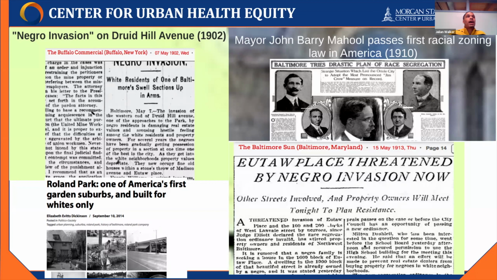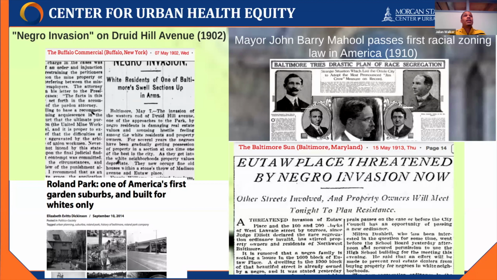So this is really public outrage. This has nothing to do with policy. This is just how the communities of Baltimore City felt while seeing Black people come into their neighborhood. This is real. When I first saw this, I thought maybe someone typed this up. No, this is real.